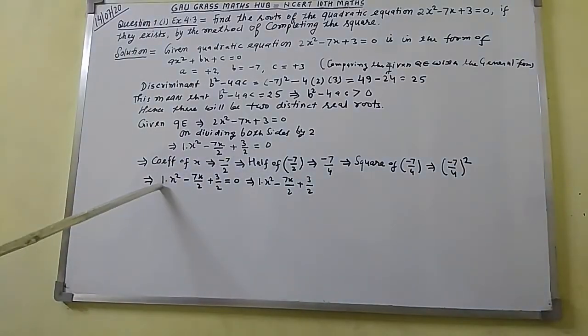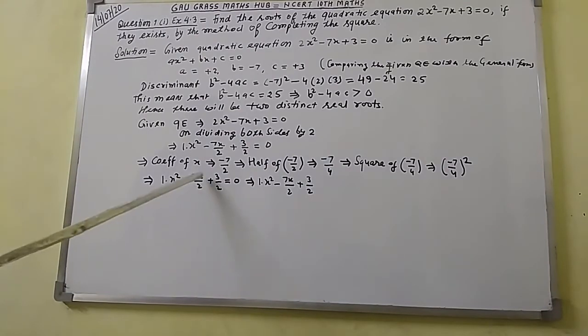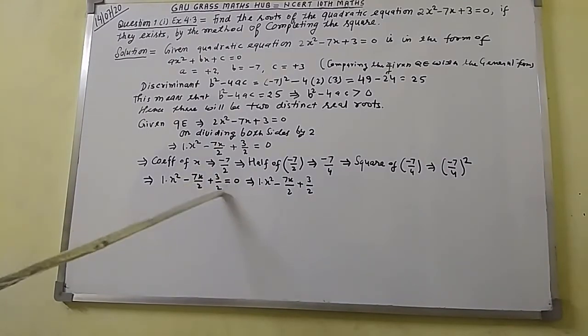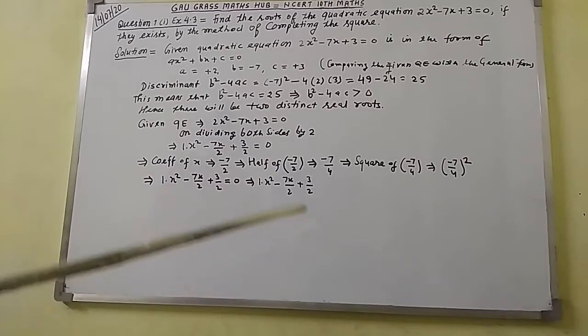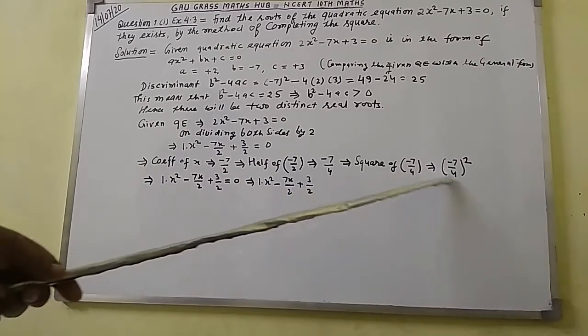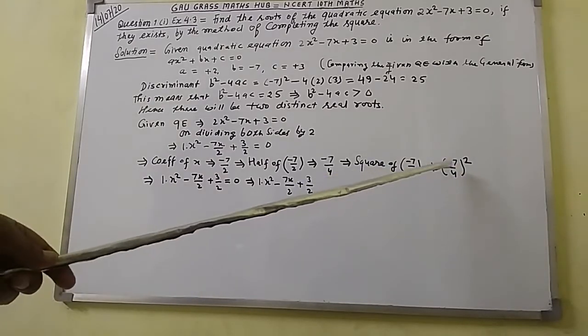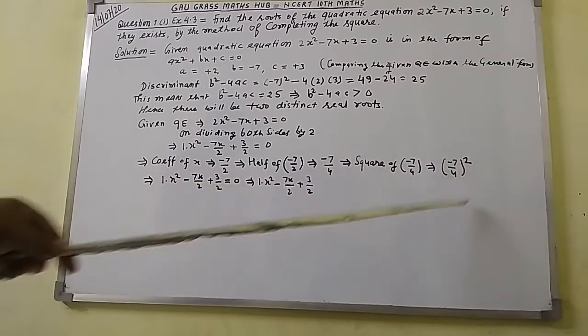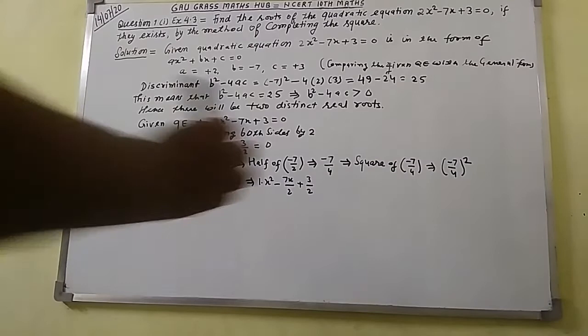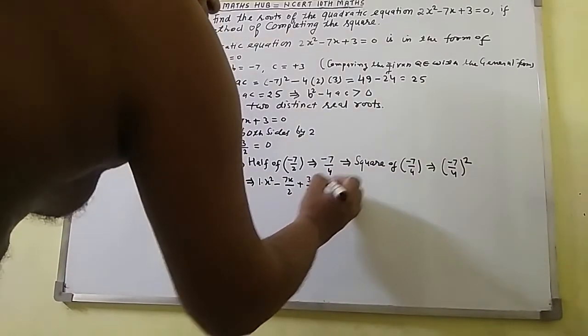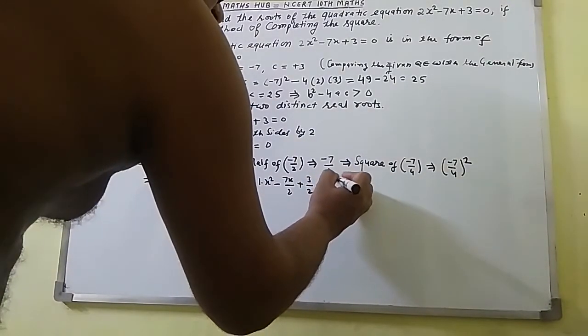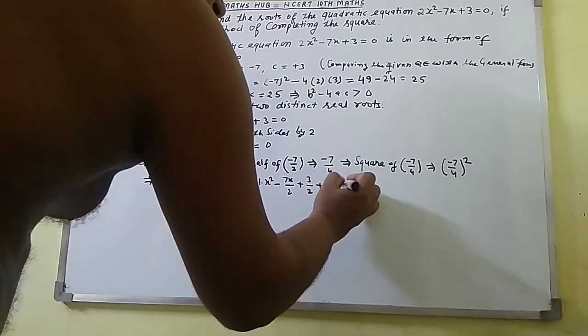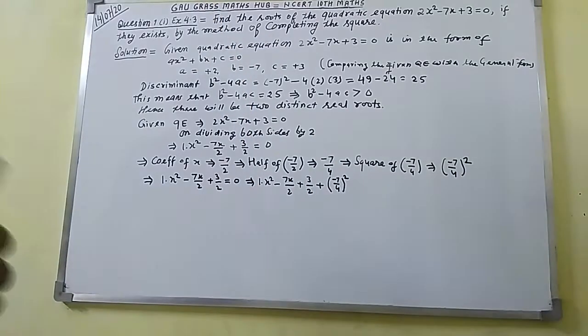Same thing. What to do next? Here you have got the value minus 7 over 4 whole square. So this value will be added. So here I am going to add this value, minus 7 over 4 whole square.